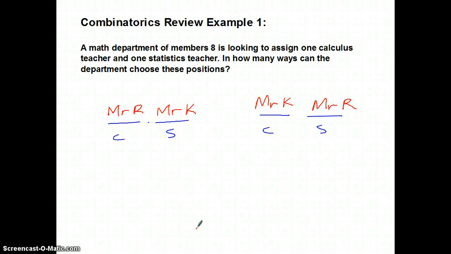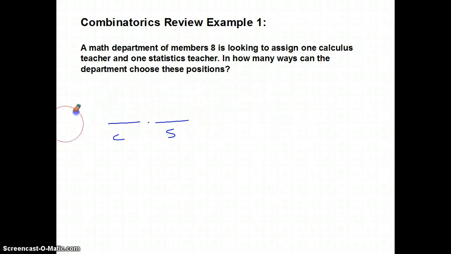Yes, the order matters in which we pick these teachers. So this is an example of a permutation question. The order actually matters. So we don't have to divide by the number of ways in which we can arrange the two teachers. We just have to think about the permutation.